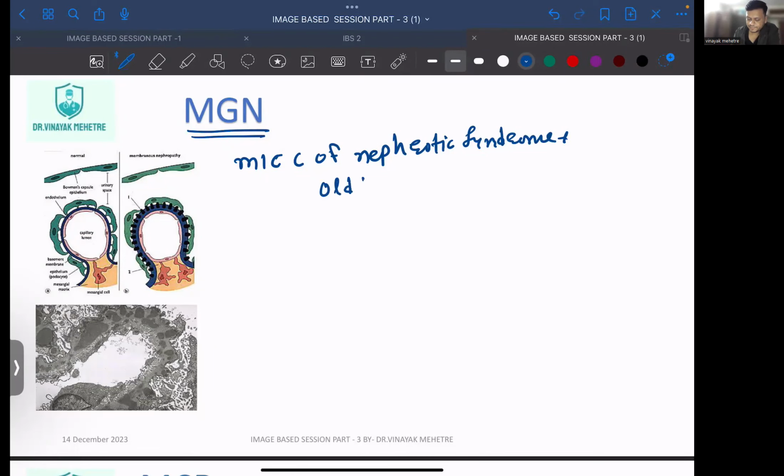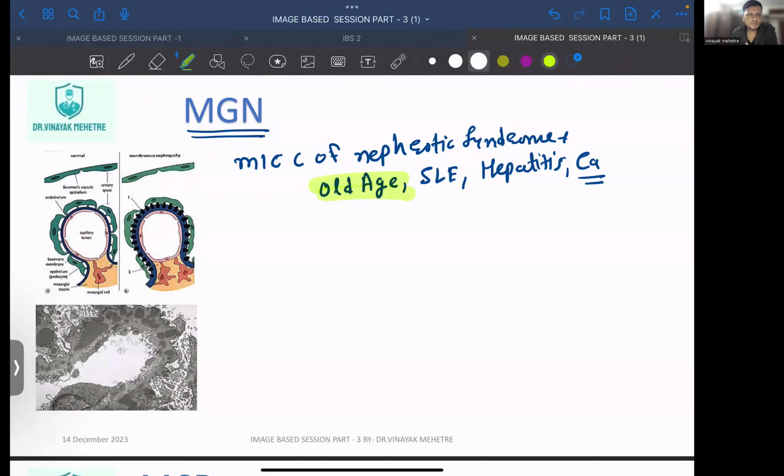Old age, yes, elderly. SLE, hepatitis, sorry, not HIV, it is hepatitis, and cancer. In short, in all the old people, adults, when you don't know the answer for nephrotic syndrome, the answer is membranous glomerulonephritis.